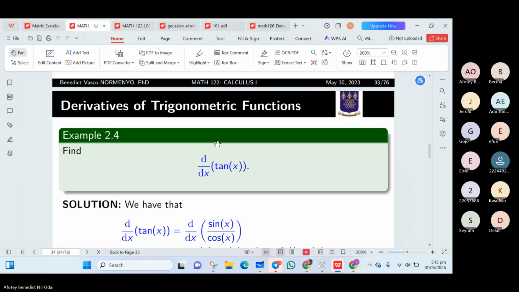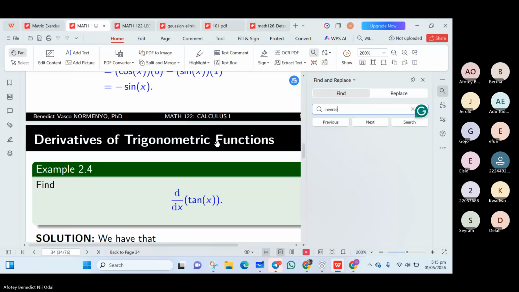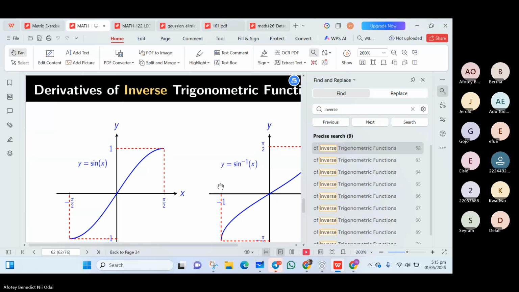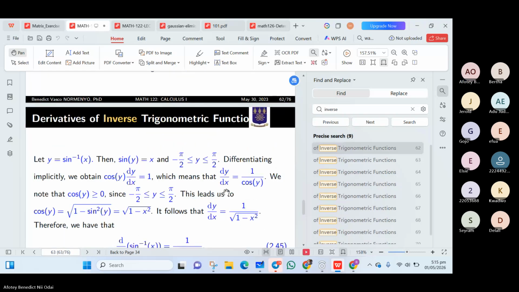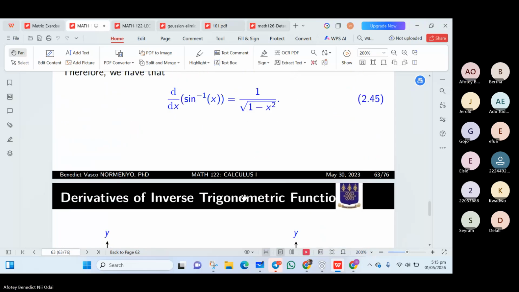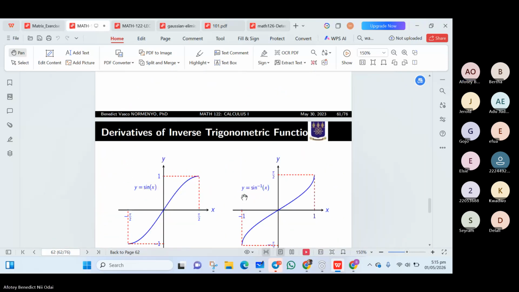Let me see if I can get it in the slides. I think the proof. Let me see the proof before.